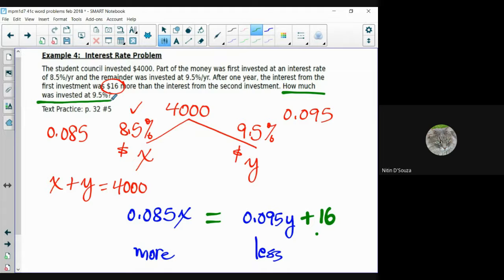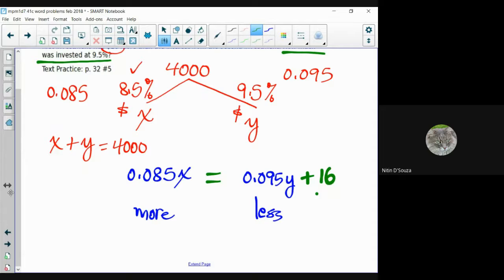So when we use substitution, we're going to get rid of the X. You understand that? Okay. So X is equal to 4,000 minus Y. You can put that into this equation.